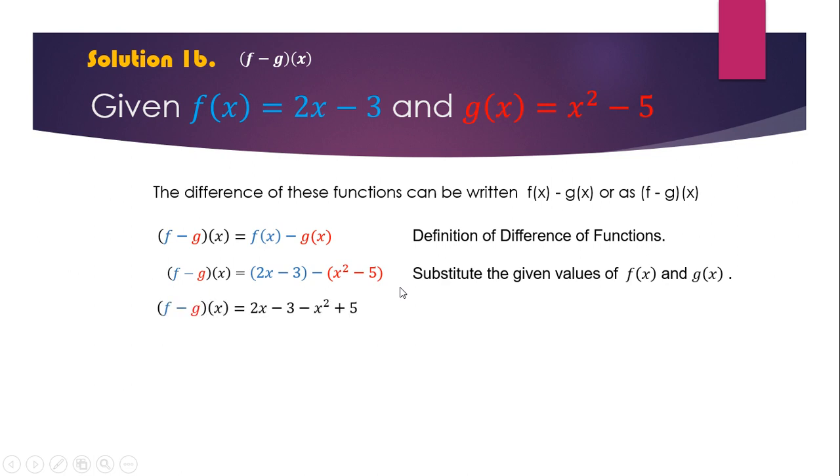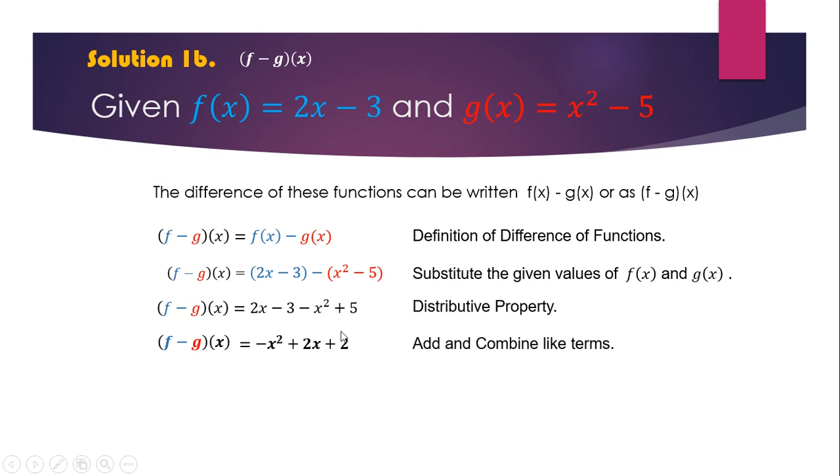Then we are going to apply the distributive property since they are inside the parentheses. So it will become 2x minus 3. Negative 1 times x squared is negative x squared. Negative times negative 5 is positive 5. Then after that, we're going to simplify by combining or adding like terms.